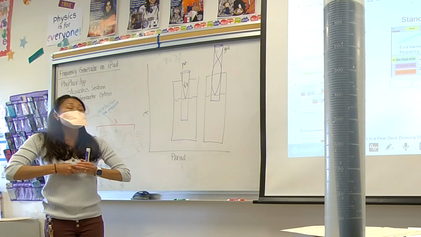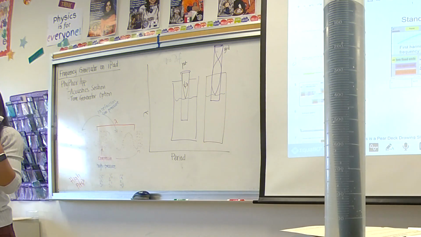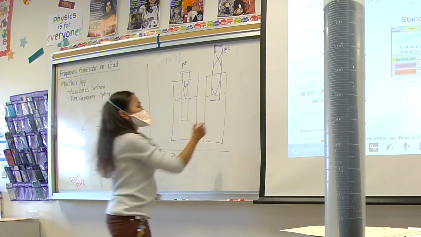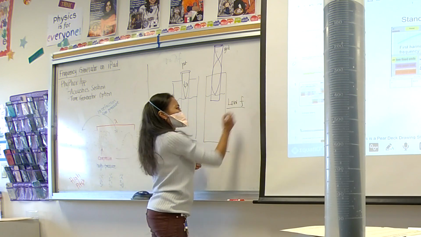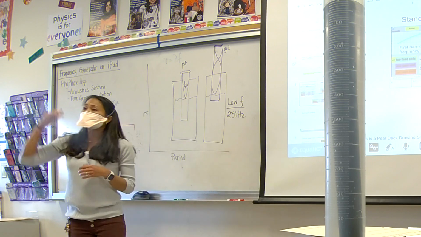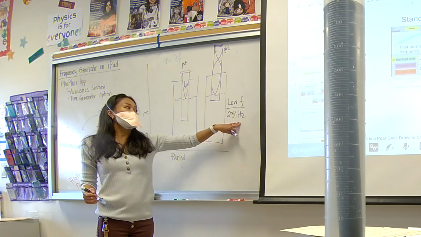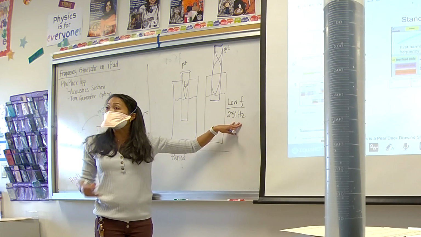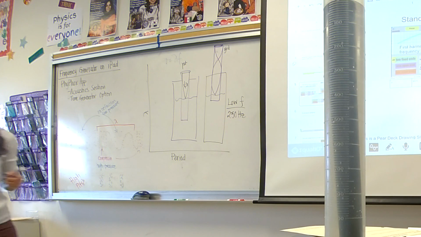So the trick to doing this is understanding our inverse concept, because you should be seeing a pattern. If you start out with a low frequency, I want you to start out with maybe 250 hertz and then work your way up. If you start out with a low frequency, what should your wavelength be based on our proportion? It should be higher.